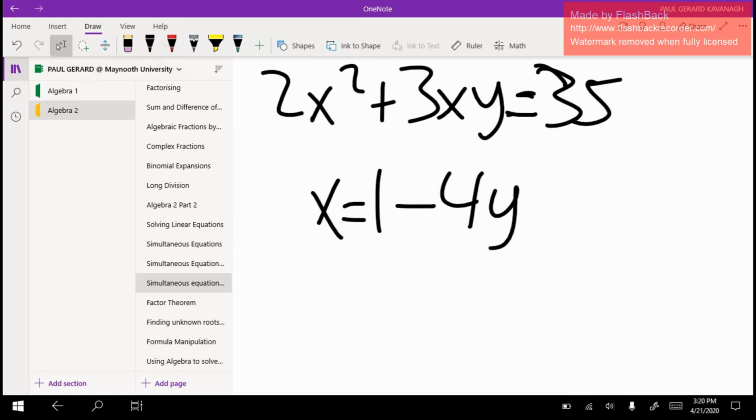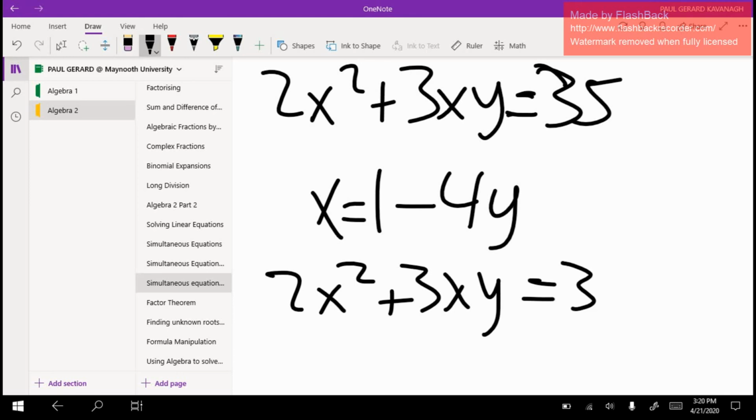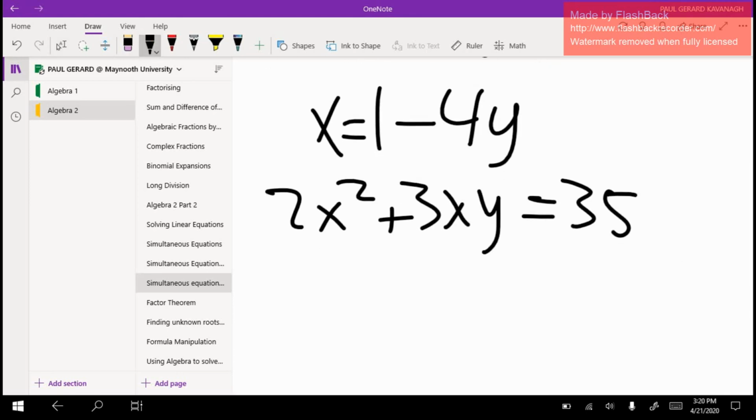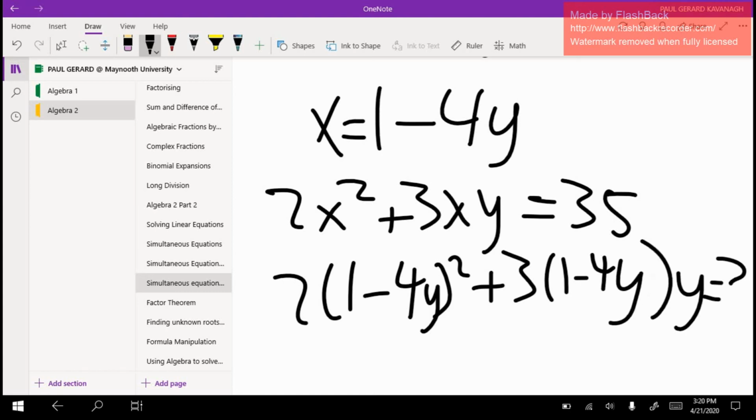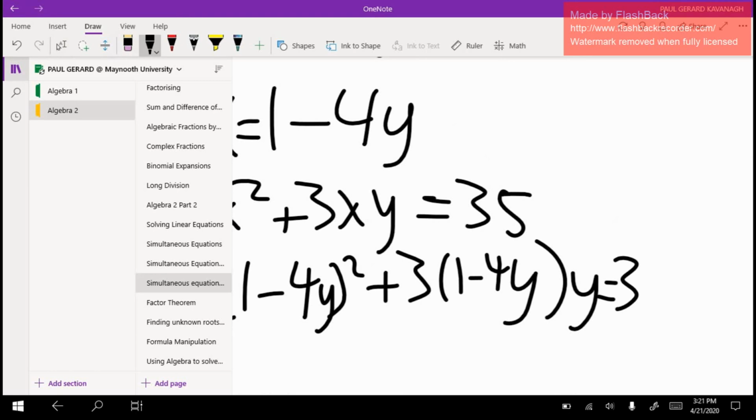So you just take your second equation, 2x squared plus 3xy is 35, and put in what x is now. So it is 2 times 1 minus 4y squared, plus 3 times 1 minus 4y times y, is equal to 35.